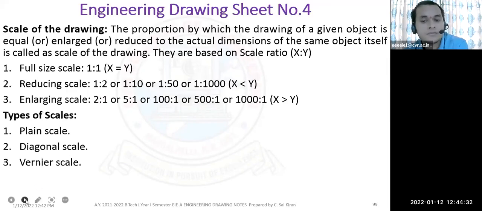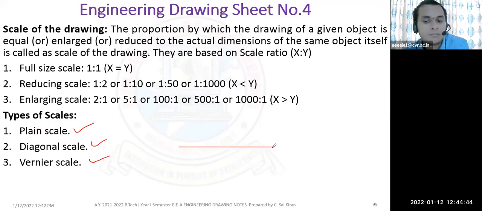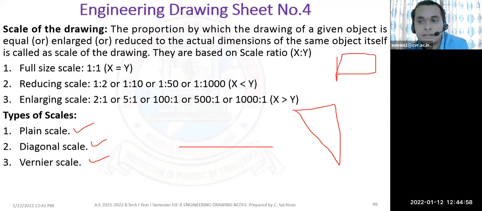And there are a few types of scales. In your syllabus, there are a total of 3 types of scales: plane scale, diagonal scale, and vernier scale. Plane scale, they directly take the normal scale. Diagonal scale, they take the diagonal principle for a rectangle, and that's the reason it is called diagonal scale.